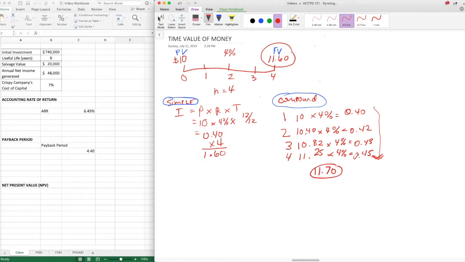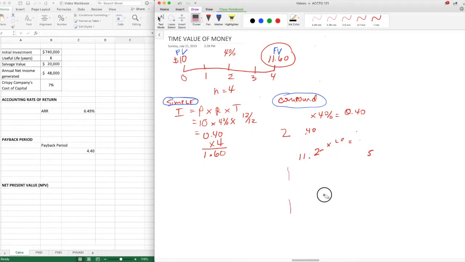I wouldn't want to do a table like this one for compound interest that has rows all the way up to, say, 40. So we have a different way to go about solving these kinds of problems. And that's what we're going to look at next.